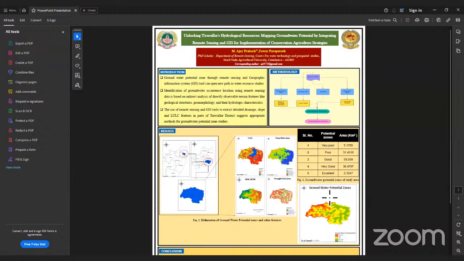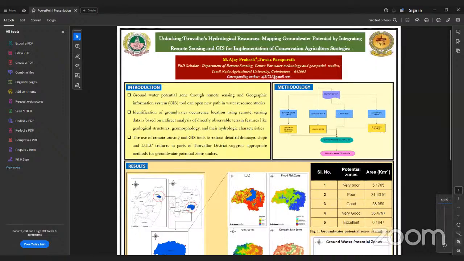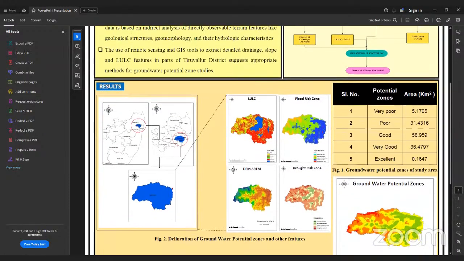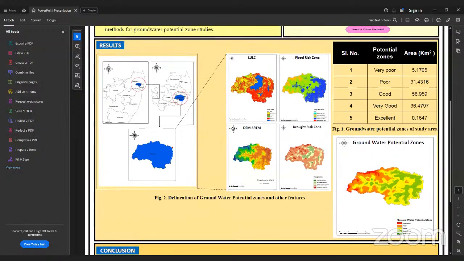From the LULC you can see that the red color is settlements, the white color is the water body area, and the yellow color is agriculture, and some barren lands are also classified in the LULC. So you can see the groundwater potential here.